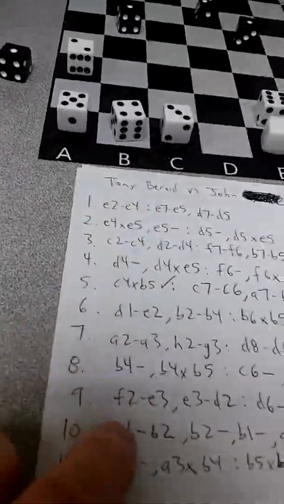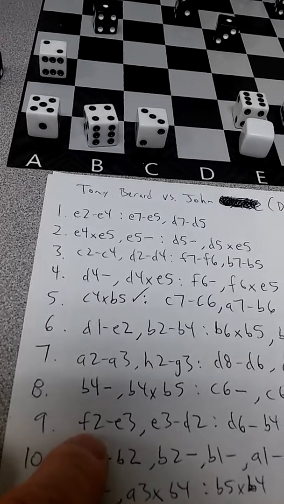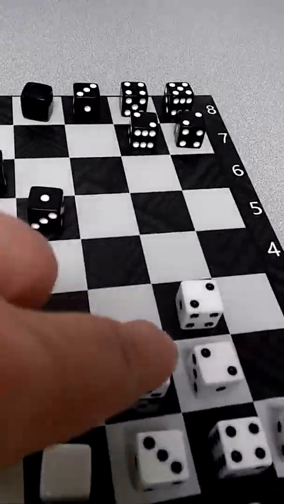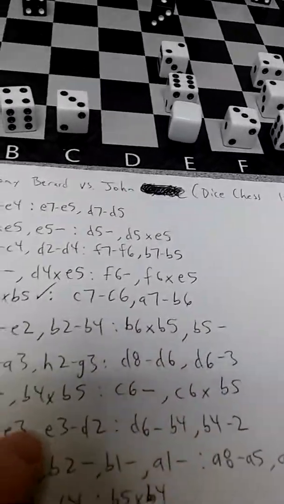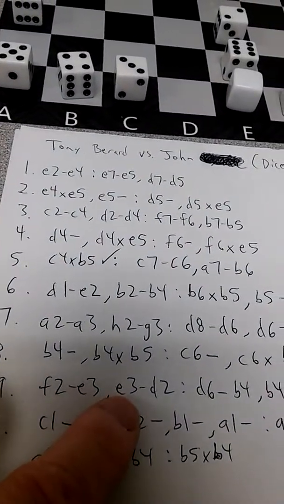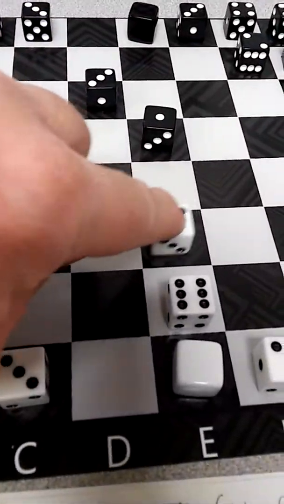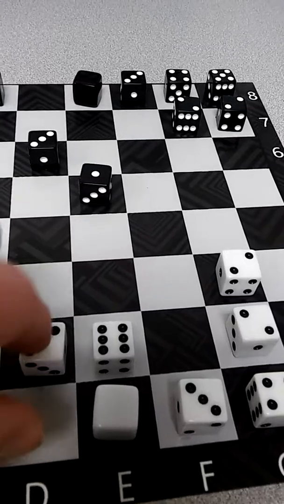Alright, so now we're on move 9. F2, E3. That's a diagonal move. And then E3, D2. So that's not a move you'll see in chess.